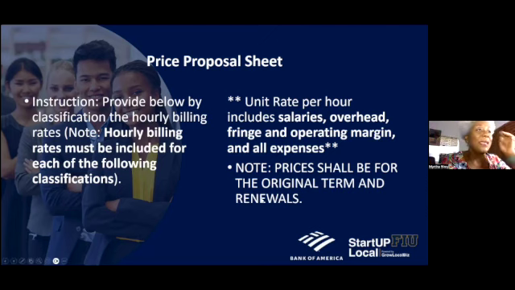So when you're pricing, always keep in mind, if it's a 2 or 3 year contract, they expect that from the original terms and the renewal, the prices shall remain. Now, there are a few exceptions that happen with the government. For example, when COVID hit, that was a national emergency.